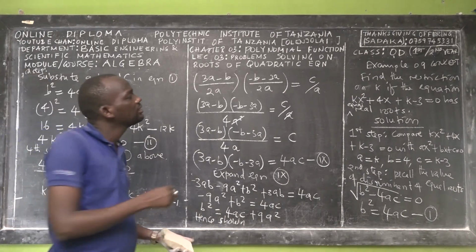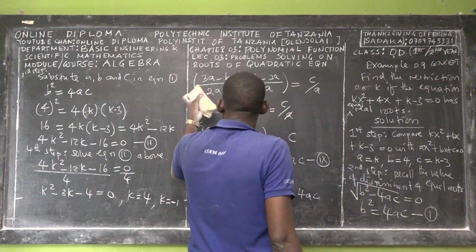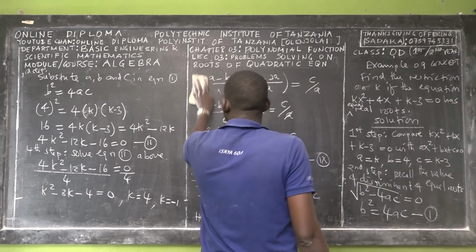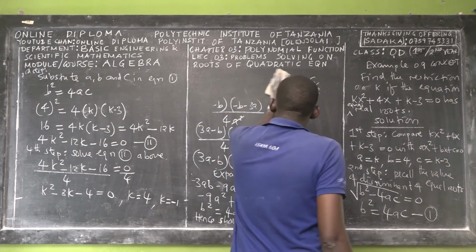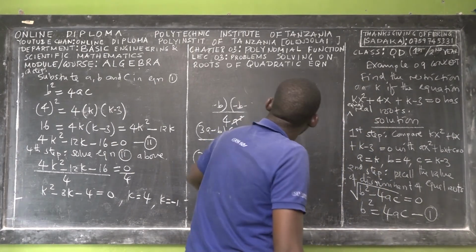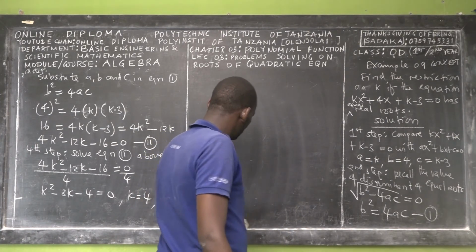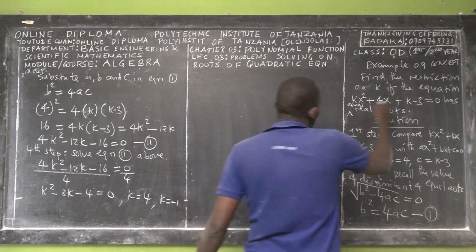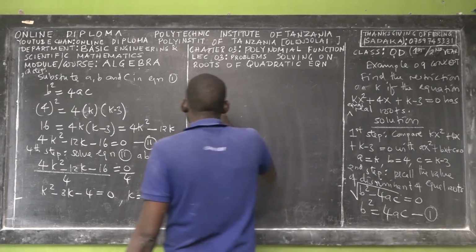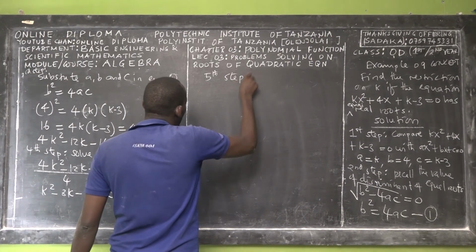We can restrict the values of k to 4 or negative 1, in order to give us equal roots in this equation.